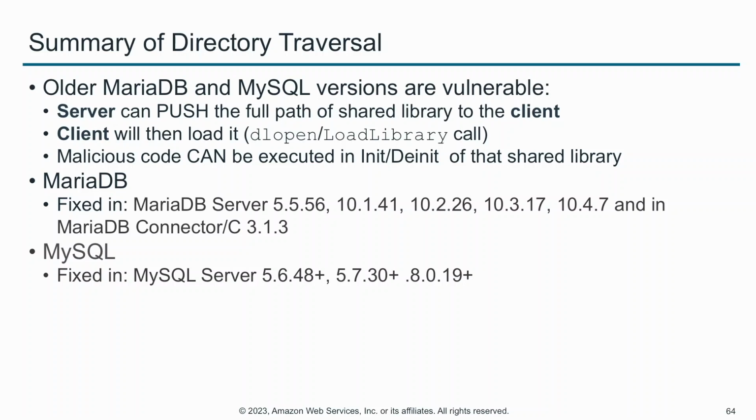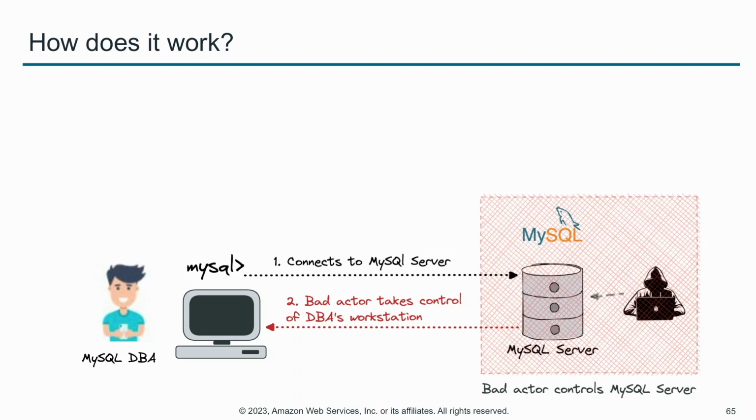Fixing-wise, it's fixed in the MariaDB versions listed here. MySQL fixed it in 5.6, 5.7, and 8. For the purpose of this presentation, we will be using an older MySQL version, and we'll see if we can create a proof of concept to execute the code. So again, this is our goal.